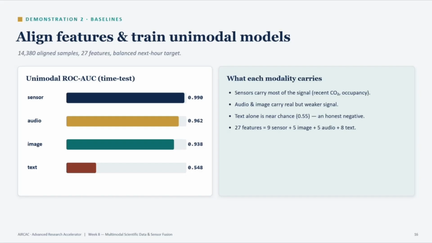We also have the CO2 and the other sensors. If we want to explain what features we have: 9 sensors plus 5 images, 5 audio, and 8 text. This is where we get the features. It's not the image, it's the feature of the image.